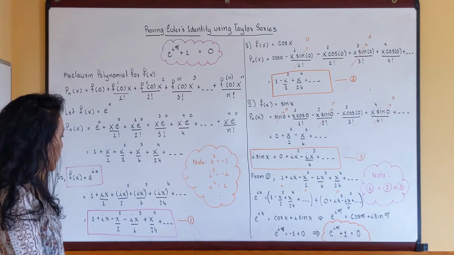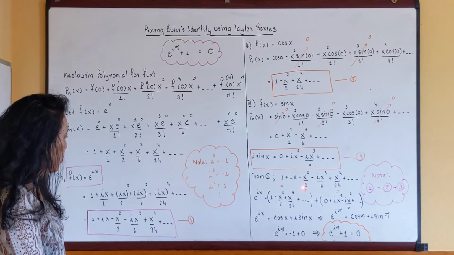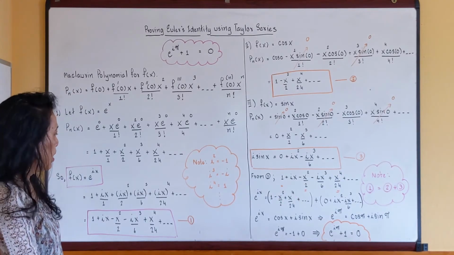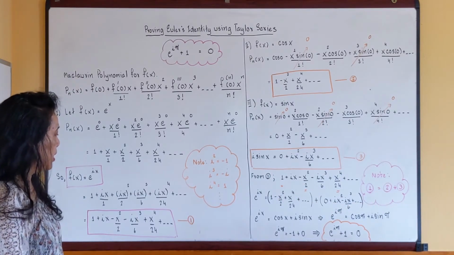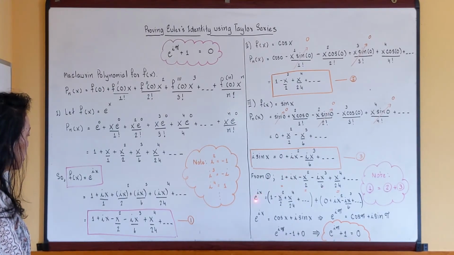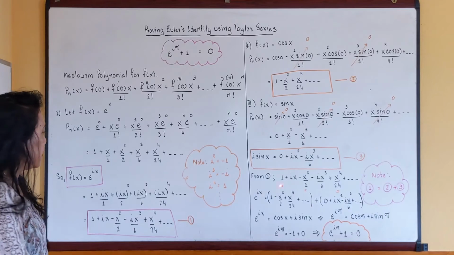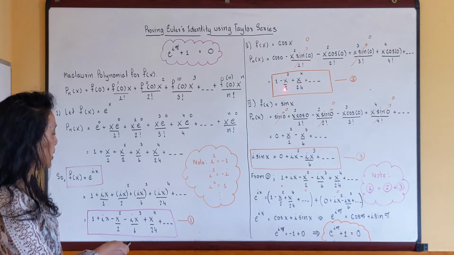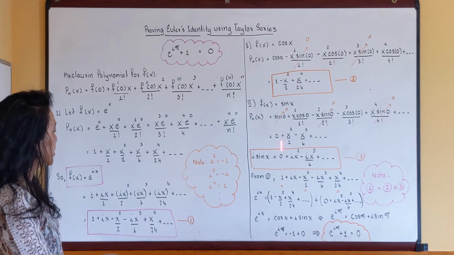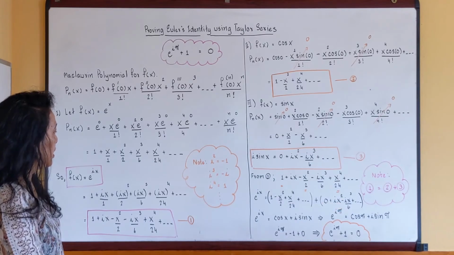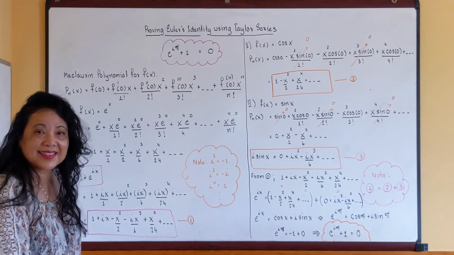As you can see, the first, the third, and the fifth terms I group here, and I group the rest here. This series is just e to the ix, and the first group here is just my second equation, my second series, which is cosine of x. And the other group is just i sine of x.